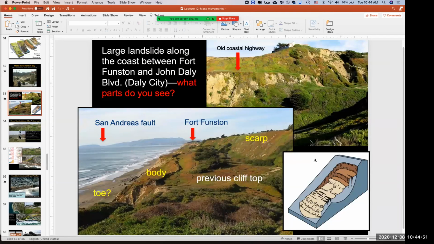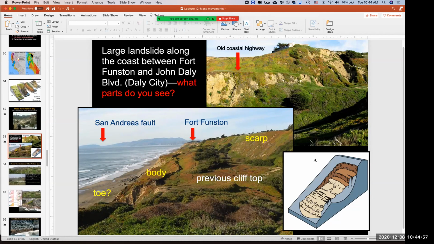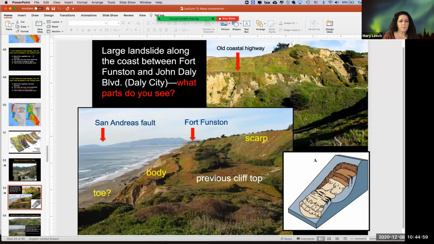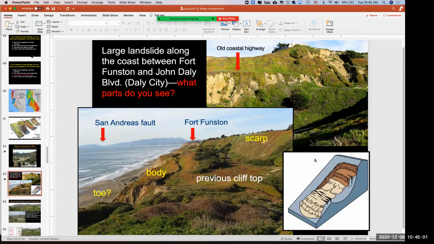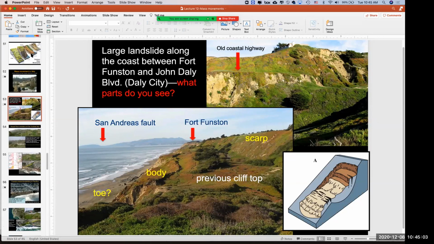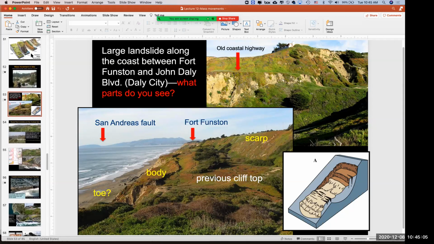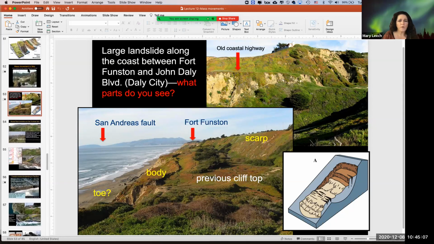Actually, I have a question. Yeah, go ahead. In the experiment where you want us to add a landslide, for the lab, it said add erosion. What do you mean by add erosion? You're going to be eroding with rain.